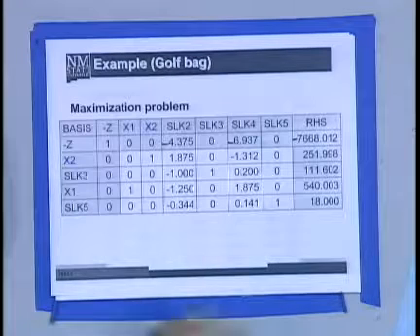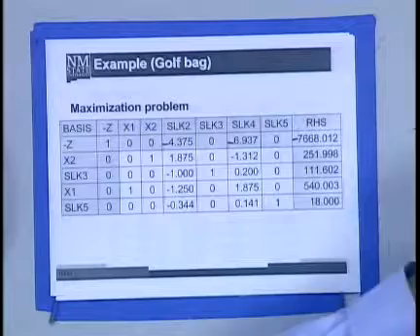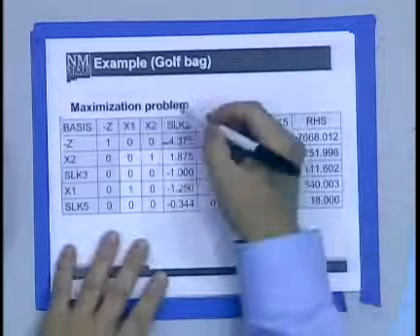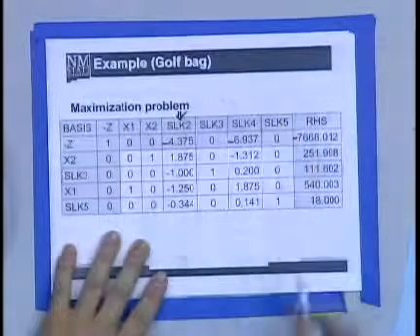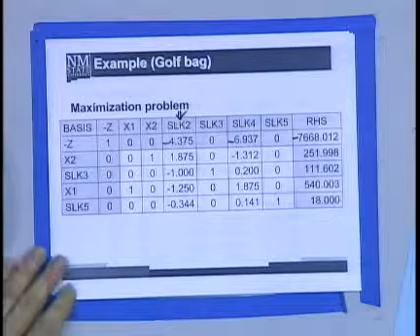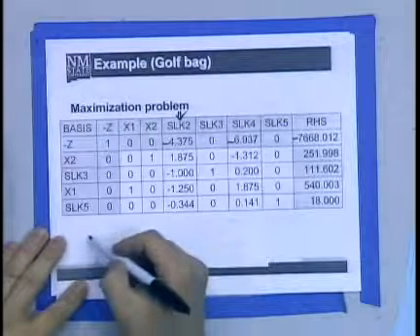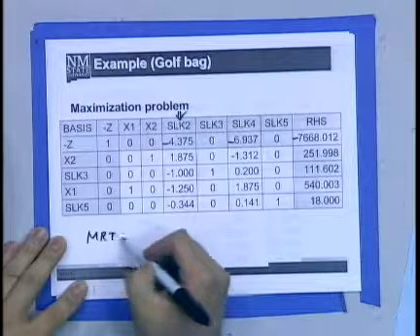So if slack 2 enters the basis, we need to perform the minimum ratio test, right?